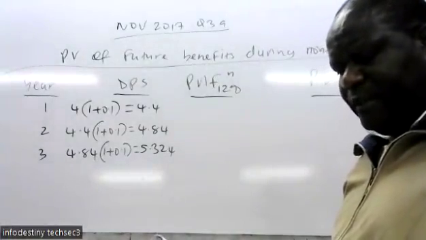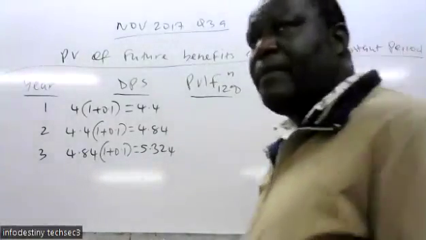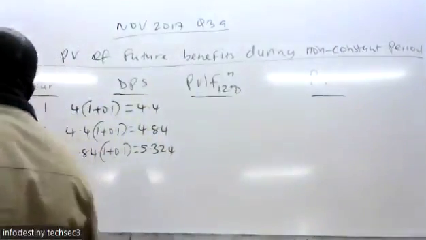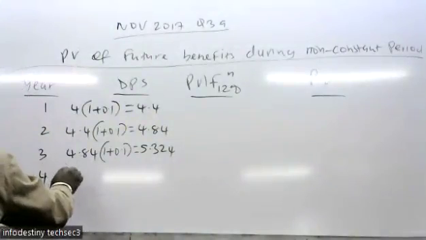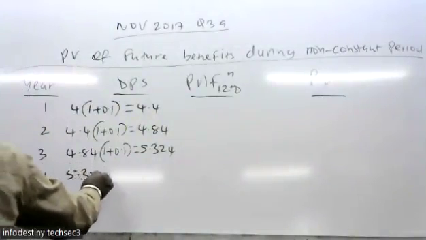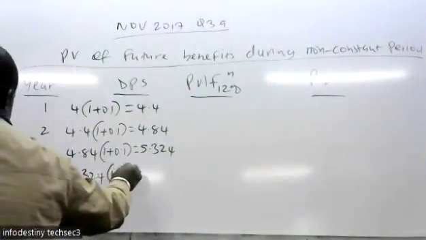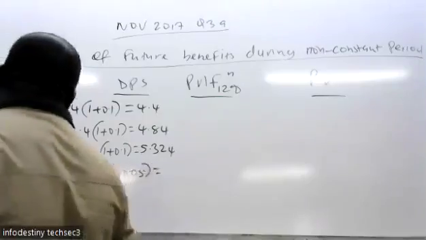Then after that, they said the dividend will grow at an annual rate of 5% for the next 2 years. So we go to year four. This will be 5.324, and we increase it by 5%.